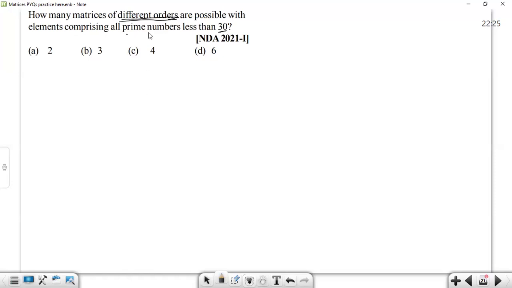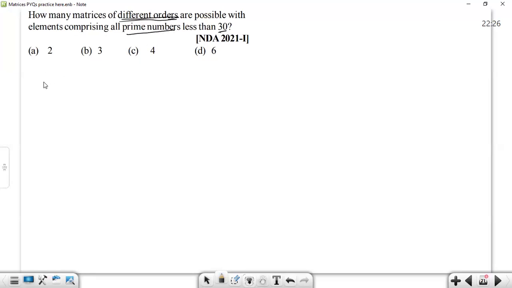Can anyone tell me what a prime number is? It has only two factors. One is the number itself, and the other is 1. Yes.